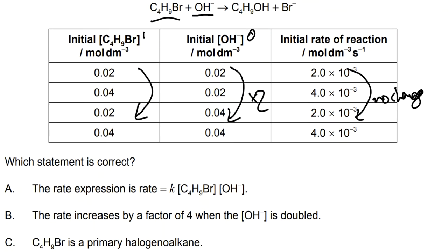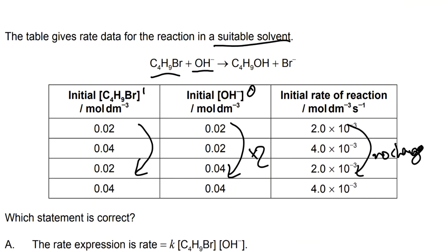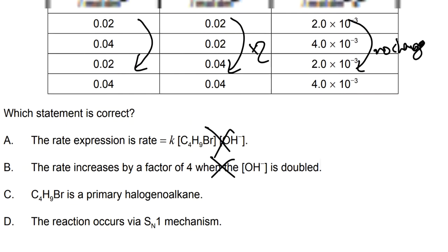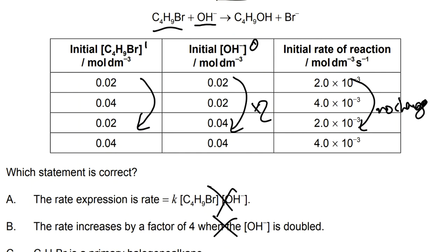So it's going to be zero order with respect to this, so we can eliminate this option here, and we can eliminate this option there. We can draw out C4H9Br, but given that the rate expression has one concentration in it, I believe that's going to be the SN1 mechanism.